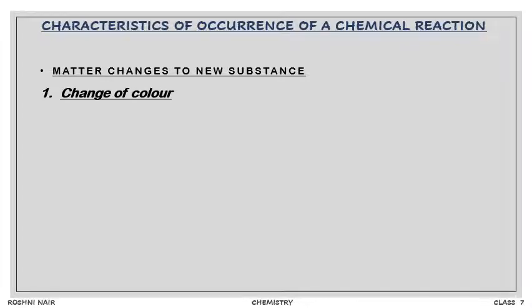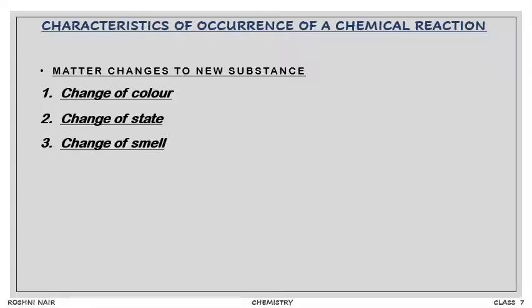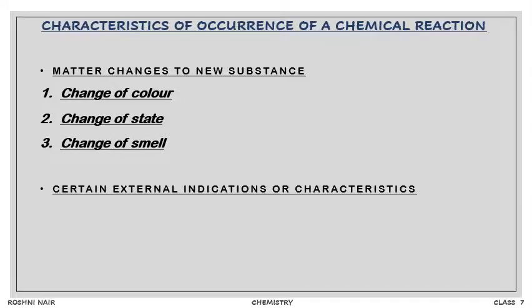Under that, we also studied a few characteristics, that is, whenever a new substance is formed, the main characteristics can be either change of color, change of state, or change of smell. Similarly, when a chemical reaction takes place, there will be certain external indications, or characteristics, which show that a chemical reaction has taken place and a product is formed.